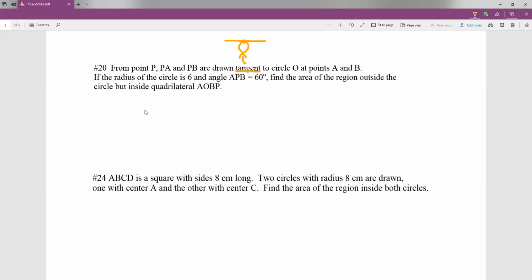Whoa, okay. Let's draw a couple of things here. So we have a circle. Okay, this is circle O. And we have tangents, PA and PB, drawn to O at points A and B. So we're going to draw A down here and B up here. And we have point P somewhere out here.